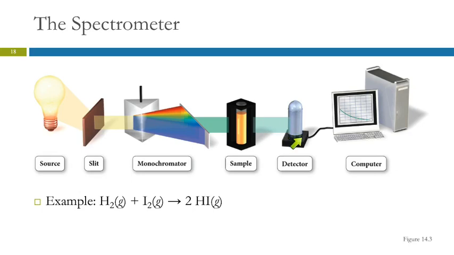And so we can monitor the concentration of that one component without messing up the sample or the reaction. It can just happen right there. This iodine and hydrogen works because the iodine is a colored gas, and so it absorbs light very nicely. So we take all that information out into a computer. Any questions?